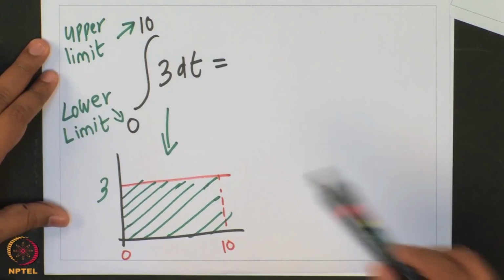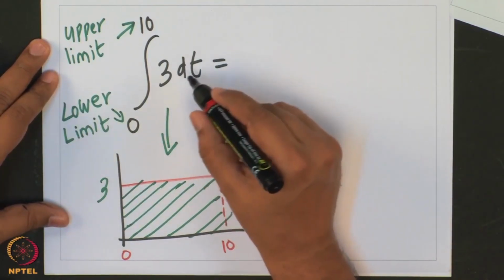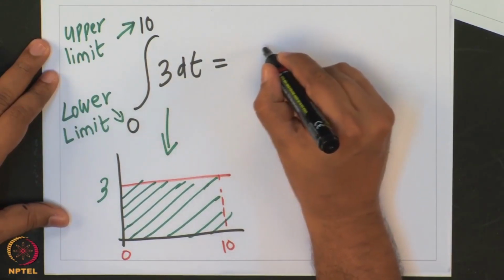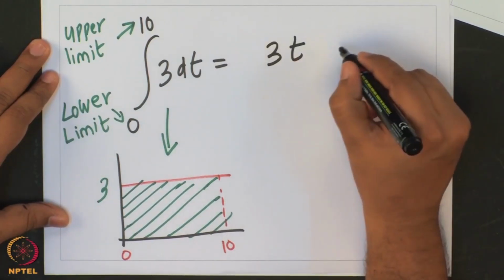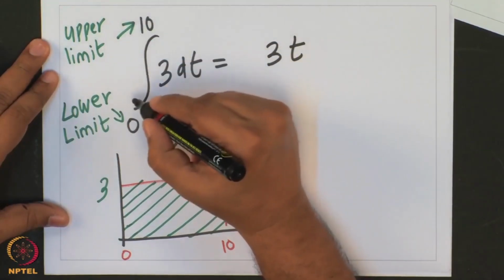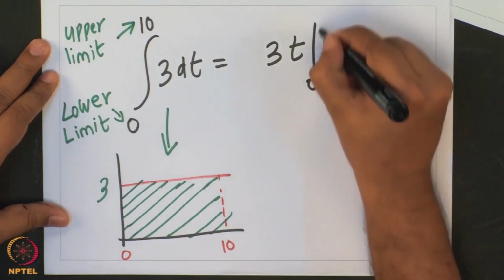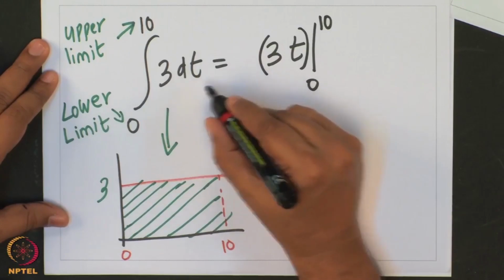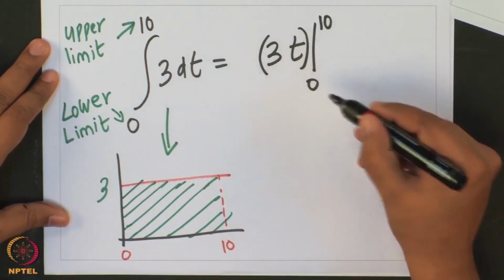So the way to do it is the following. We know that integral 3 dt, 3 being a constant and integral dt being t, will be 3 times t. We would typically write a plus constant if I don't have this limit. But if I have this limit, the way to express it is this. I write 0 and 10 here. That is, I have this answer which is integral of 3 dt as 3t within the limit 0 to 10.